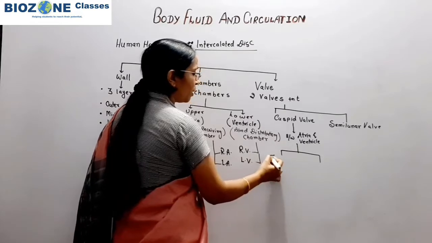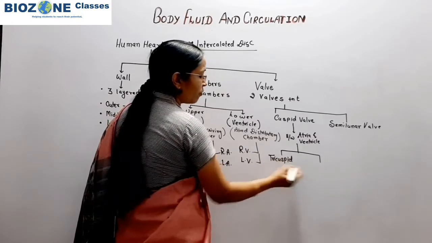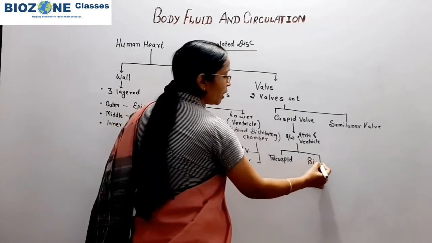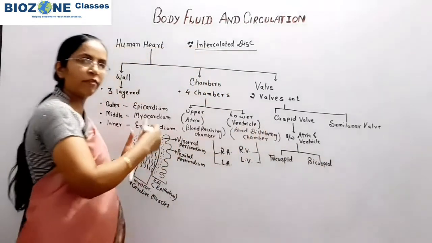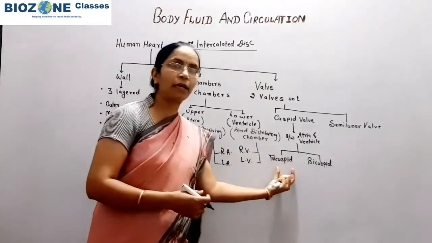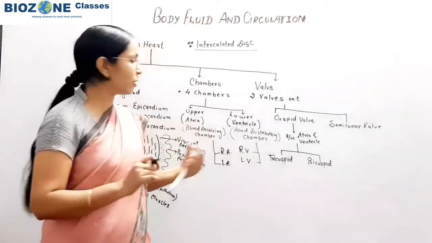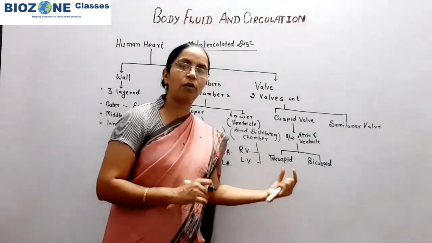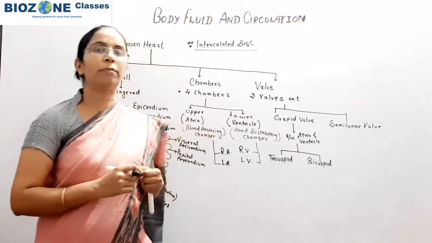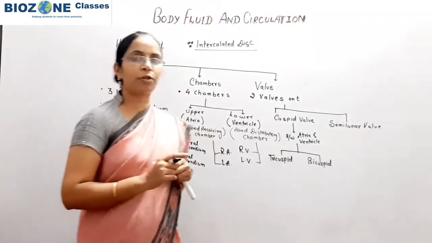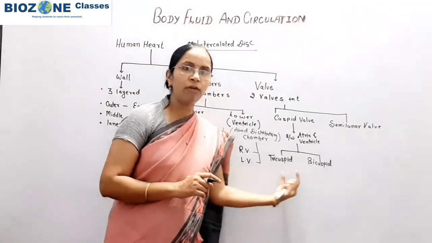Location wise, when we study the diagram, diagrammatically we will see the exact location, but for objective purposes you remember they are located on the atrioventricular septum, or in simple terms the transverse septum of the heart shows the presence of these 2 valves.